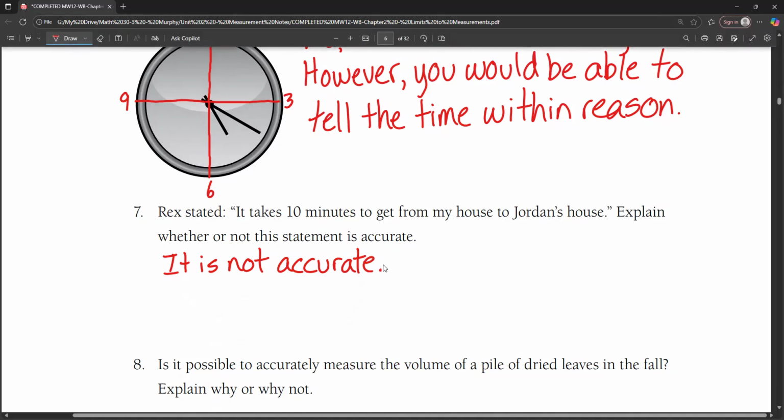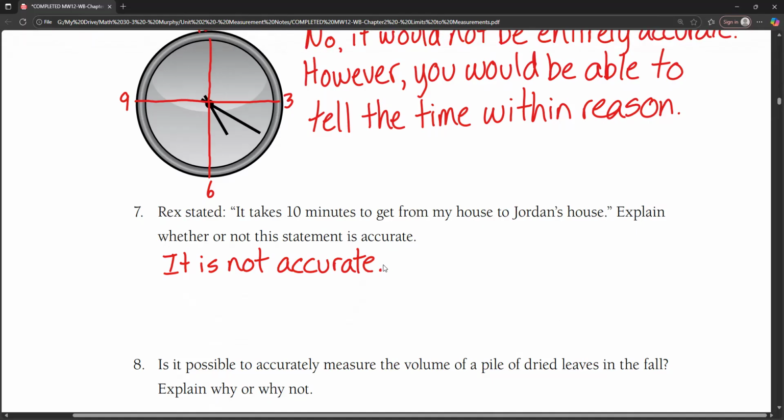For 1, we don't know how they're traveling. 2, not everyone goes the same speed. So that's why we would say it's not accurate. However, when we say how long does it take to get to a certain city, we're usually within reason, right? But again, it is not accurate though.